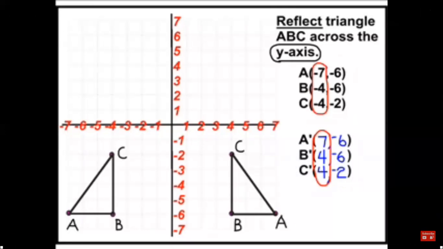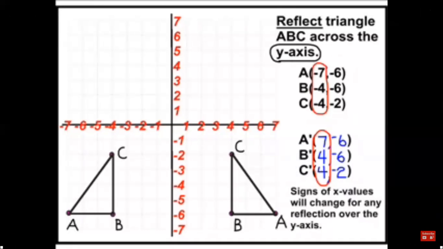Whenever we reflect anything across the y-axis, all of the y values will remain the same, the number as well as the sign. But for the x values, the sign will become the opposite of what it was before. So for point A, it was -7, and it turned to +7. B and C were both -4, and we changed those both into +4.